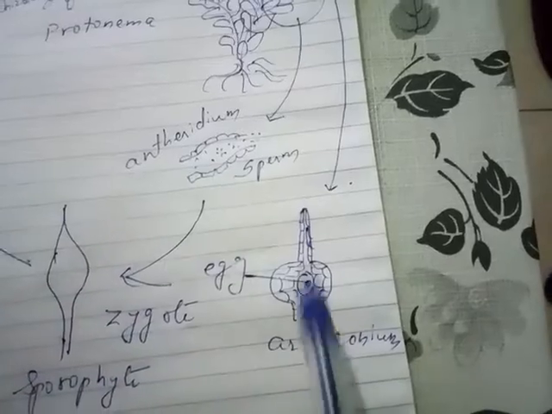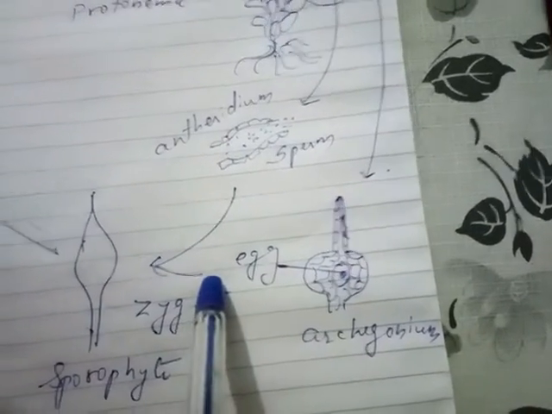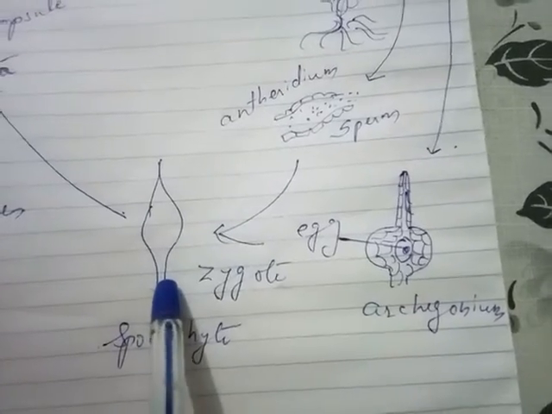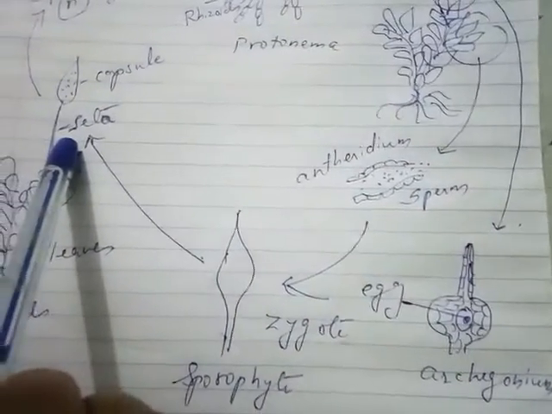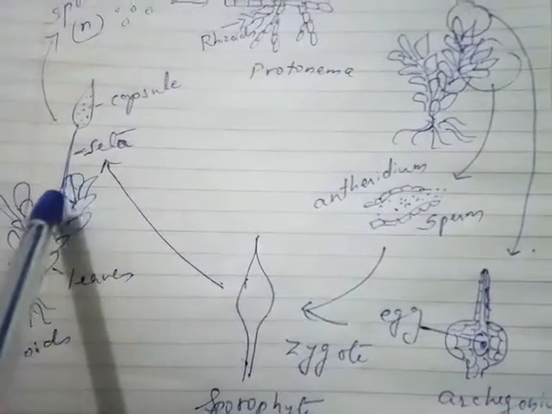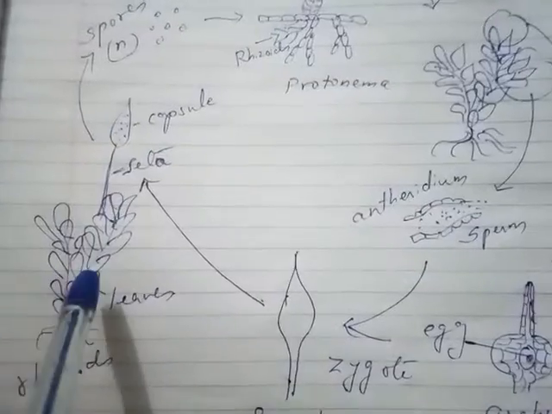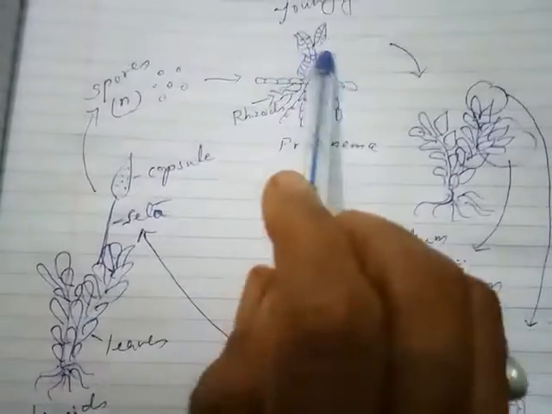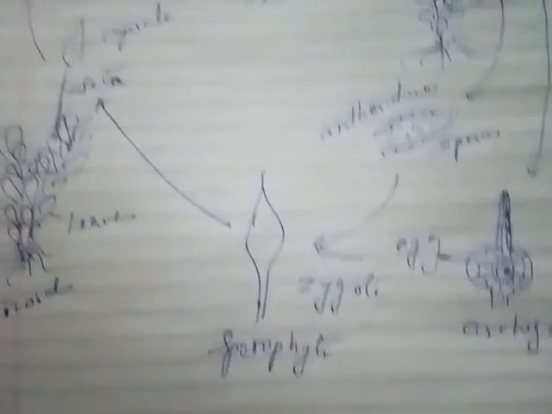The sperm, the male gamete, and the female gamete will fuse together giving rise to a zygote. This zygote again develops into a sporophyte having foot, seta and capsule. So the gametophytic stage alternates with the sporophytic stage. Thank you.